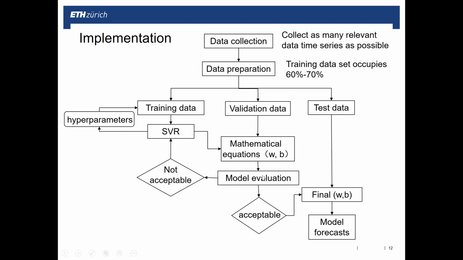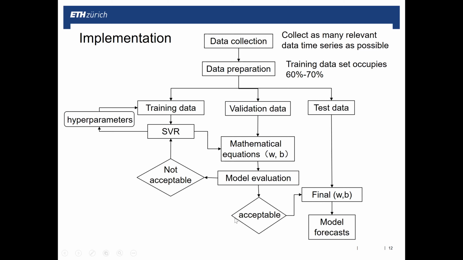We compare the model result to the observations. If the result is acceptable or the error is small, we will say that we have the final equations, and they are fixed. Based on these final mathematical equations, we will make the forecast of the test data. So we get the model forecast.